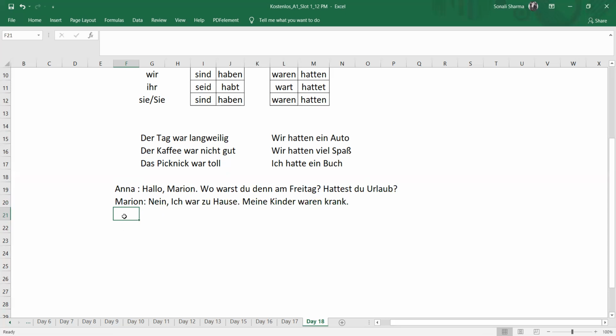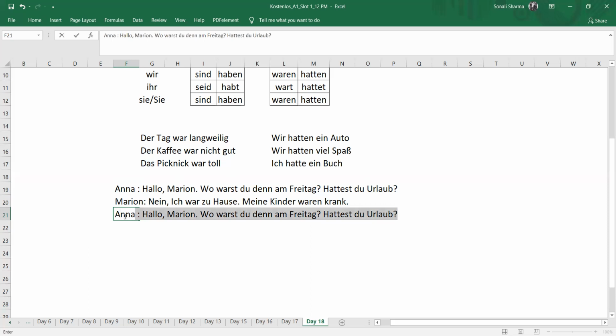So let's check it out. Now Anna is saying, Wart ihr beim Arzt? That means, were you all at the doctor? Have you visited the doctor? It's like this.